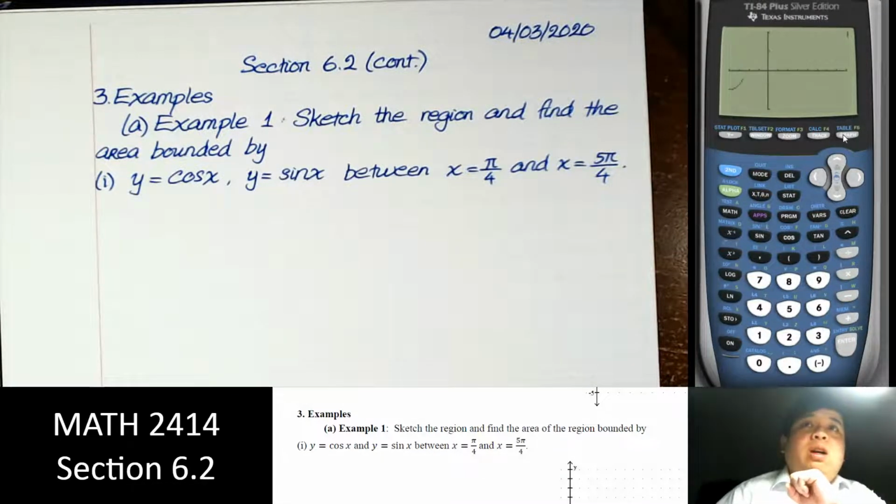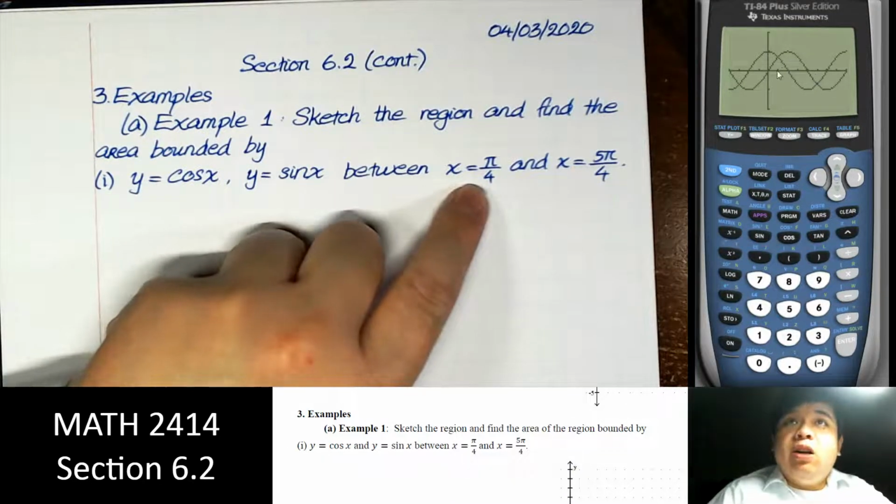Now it will look a lot better. So this point here is -pi over 4. And this here is 1, 2, 3, 4, 5. I'm sorry, pi over 4 and 5 pi over 4. So we're talking about this here.